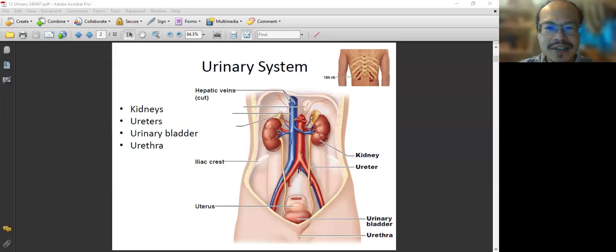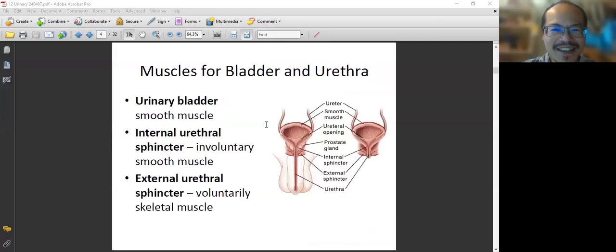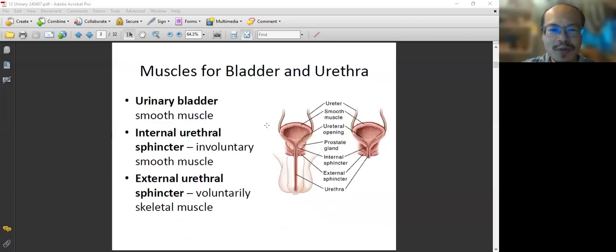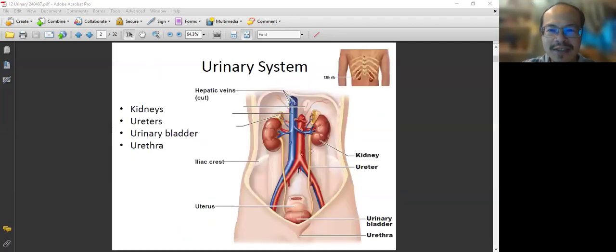All right. So this is the urinary system, and we are going to move on to the final portion. I hope that's the final portion. So we talk about everything about the kidney, and how the urine transports from the kidney to the ureter to the bladder and then to the urethra.